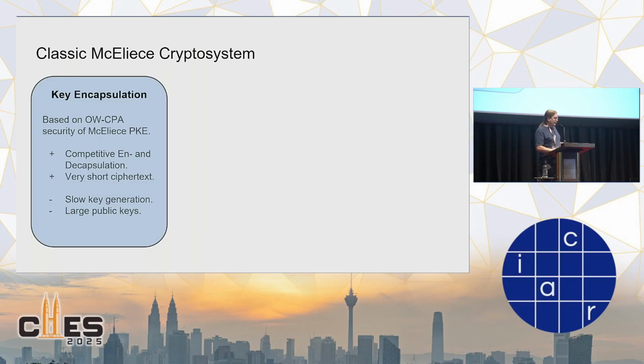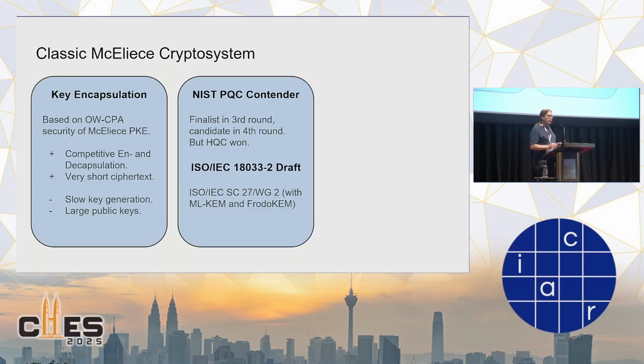So it actually was a contender in the NIST competition, but it was not selected even in the third round because HQC won because of better performance characteristics for the applications. But it is not completely out of use. There is an ISO standardization draft that also uses McEliece in addition to ML-KEM and FrodoKEM.